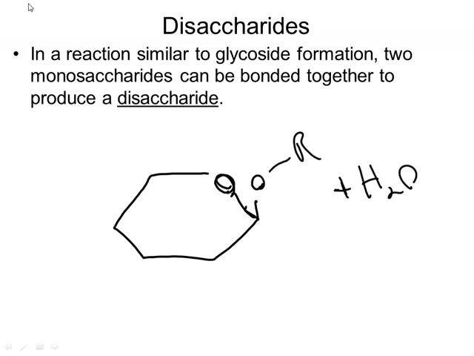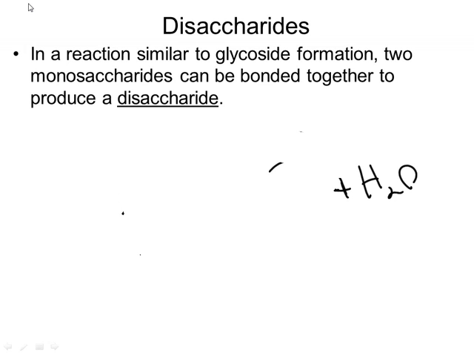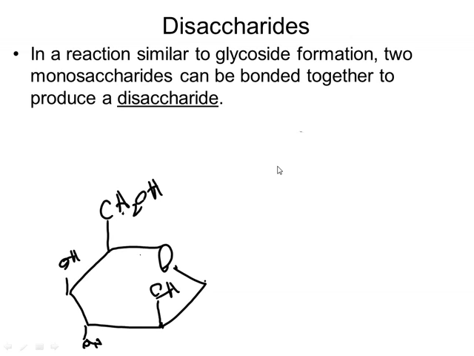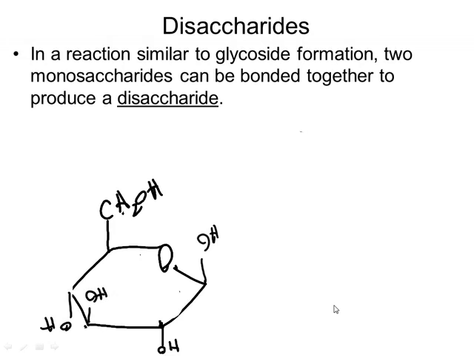But in the case of forming disaccharides and polysaccharides, imagine if R, so let me draw it down here. We'll have our OH here, and this is the alpha configuration.